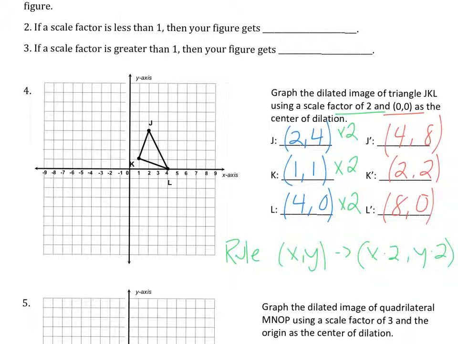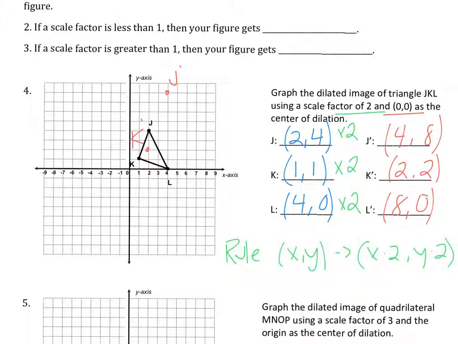So now that I have this, I can plot my points on my graph. I go to (4, 8), so right 4, up 8. That is up here, and I'm going to label that J prime. I go over 2, up 2, which is right there, and I'm going to label that K prime.